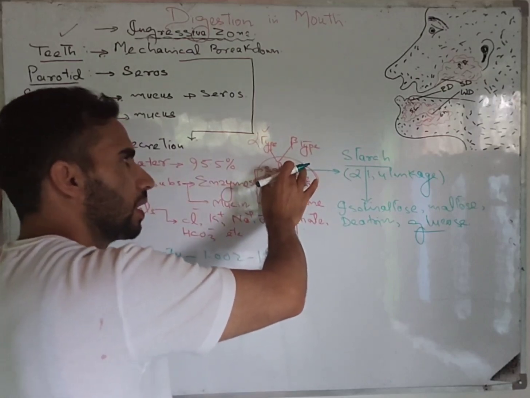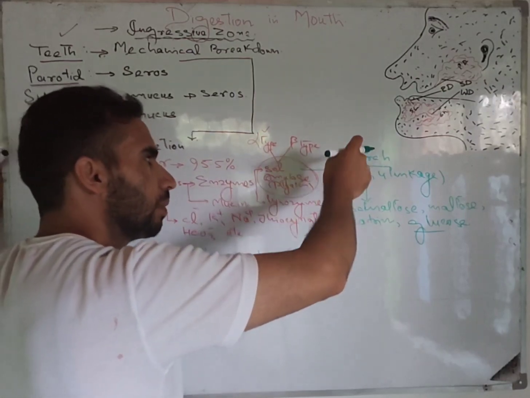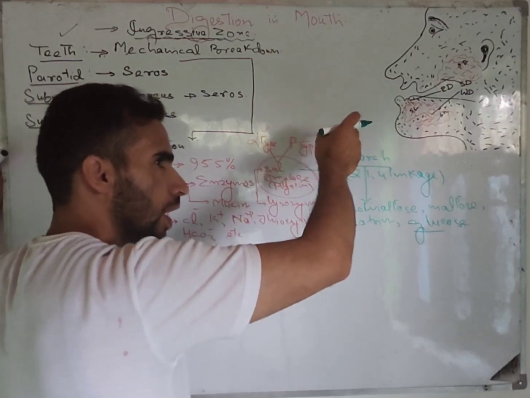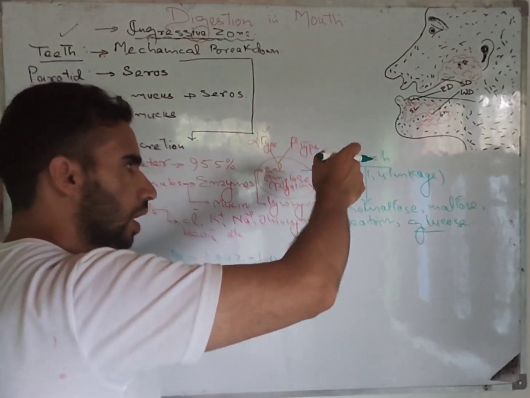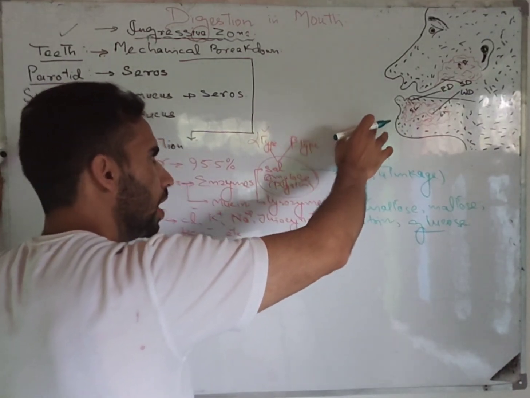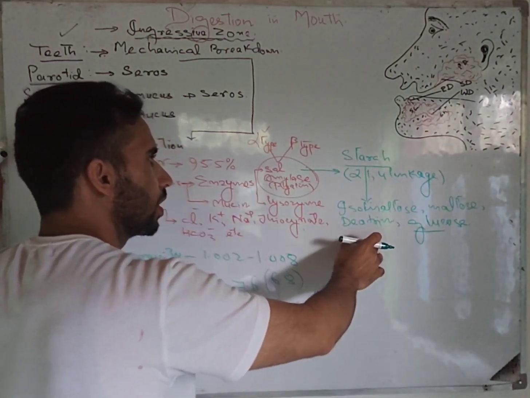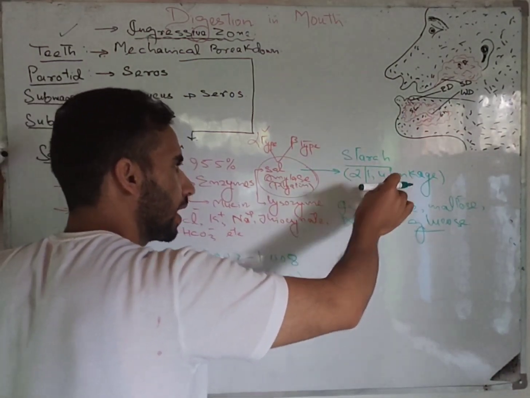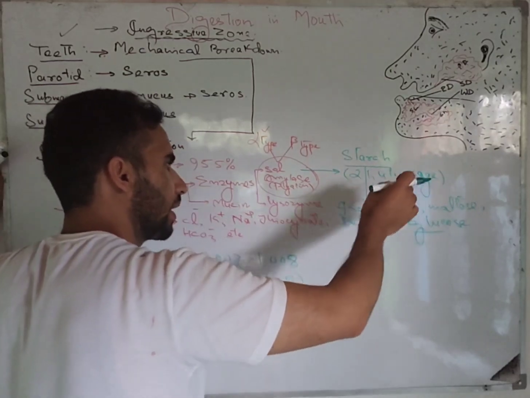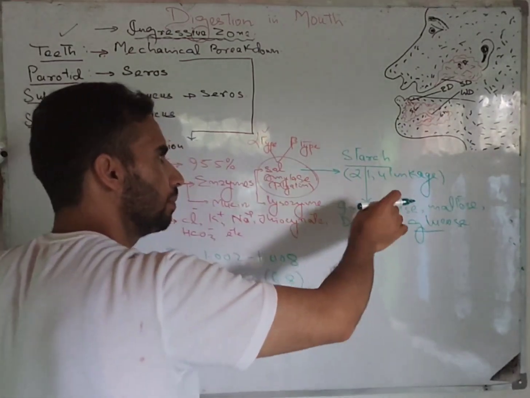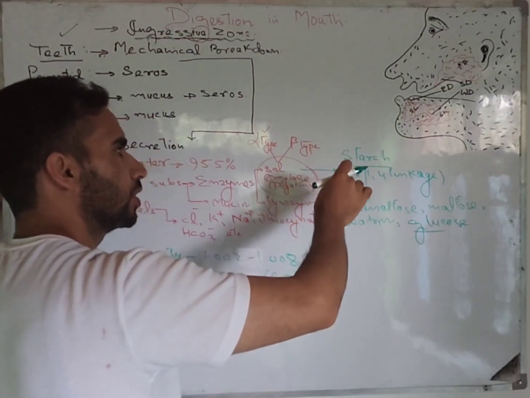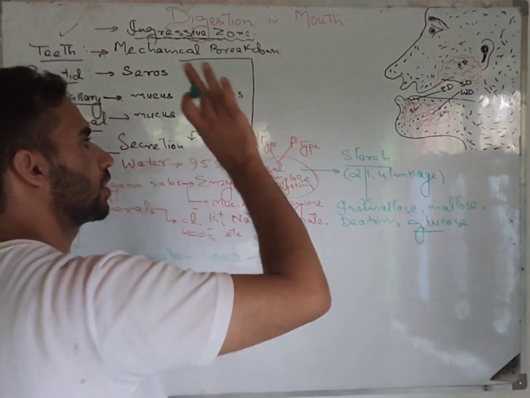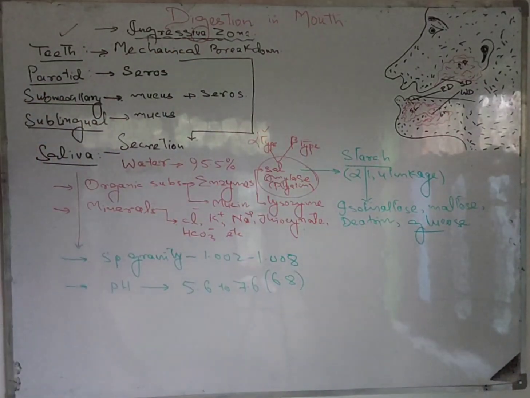This salivary amylase has resulted in the biochemical breakdown or digestion of larger carbohydrate units like starch, and it has led to the formation of substances like isomaltose, maltose, dextrin, glucose, with the breakage of the glycosidic bond present in the starch like carbohydrates.